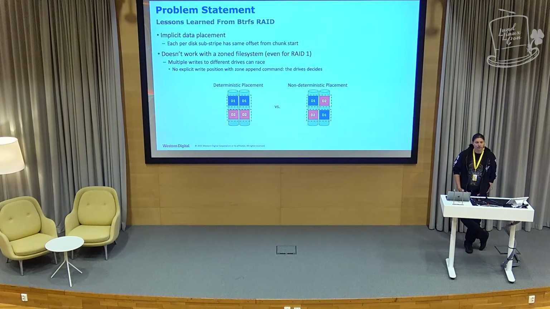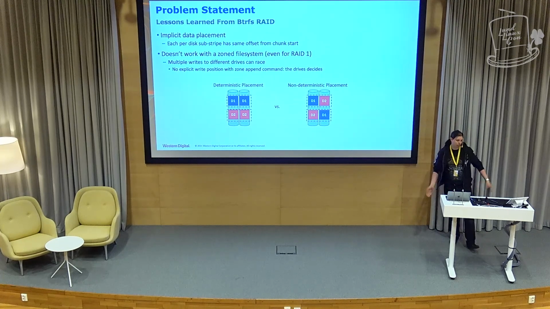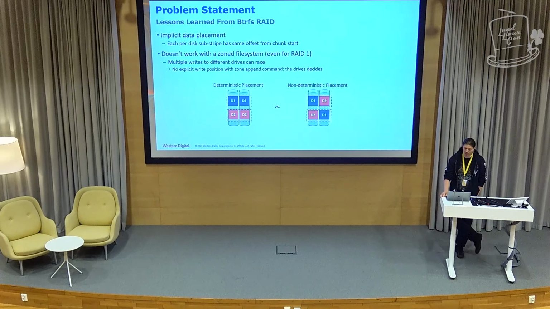So the offsets from the block group start have to be the same on each block group, which with a zone append operation we simply cannot guarantee because the drive decides. So multiple writes will just race, and we're getting problems there.